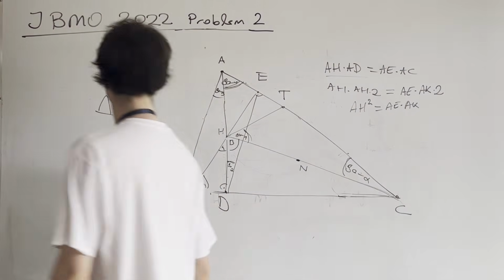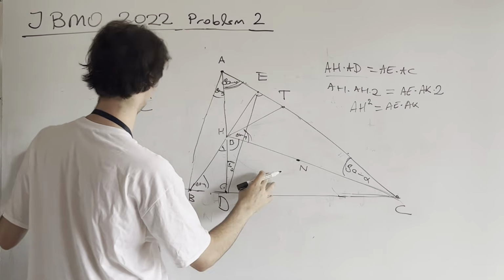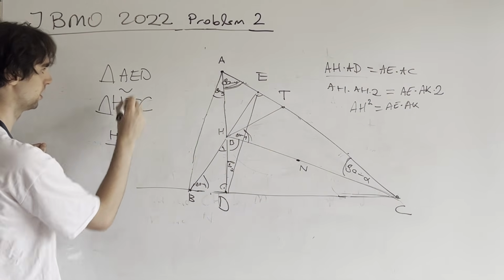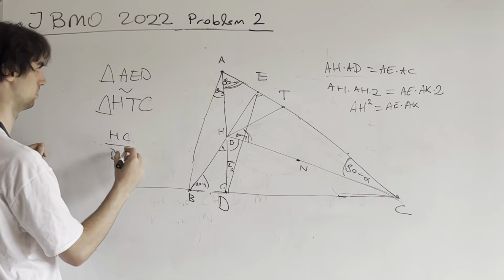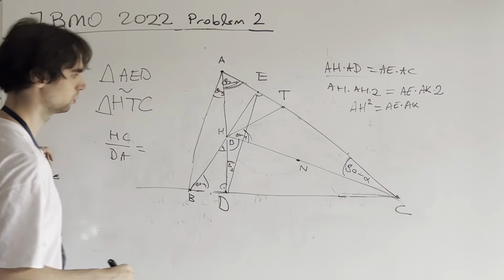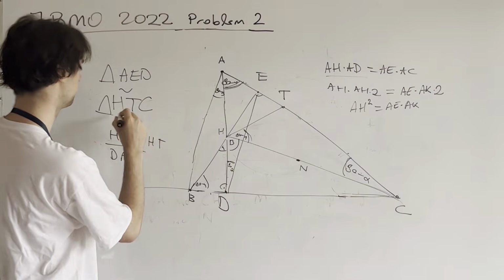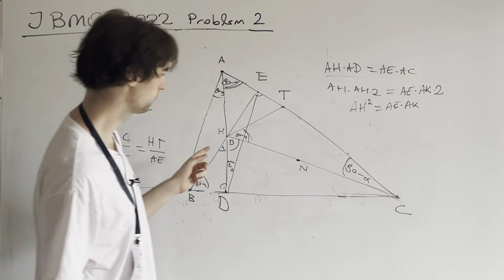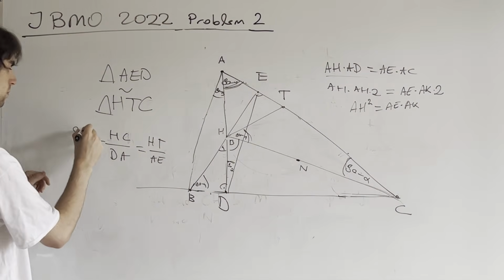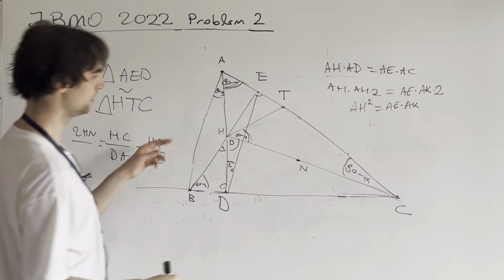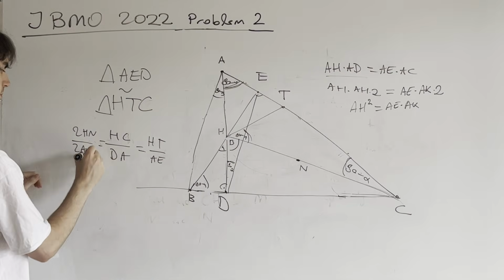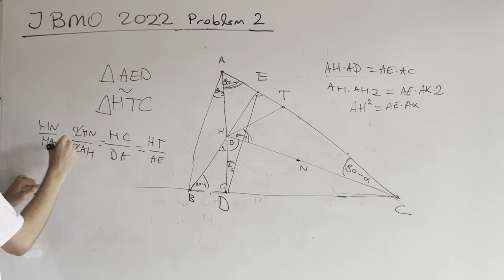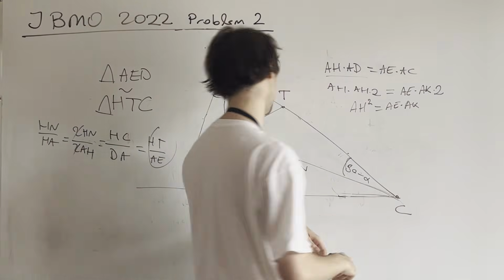Yeah, side angle side. So actually let me write that down. What do we have? I'm gonna take this midpoint, so I'm gonna have HC over DA is equal to HT over AE. Now HC is 2HN, and DA is 2AH. You cancel these out, you have HN over HA is HT over AE.